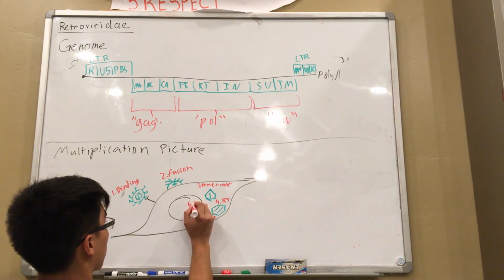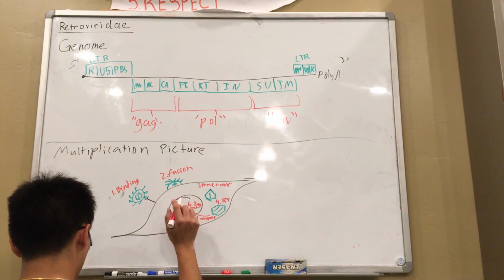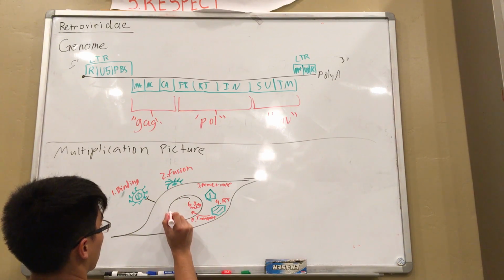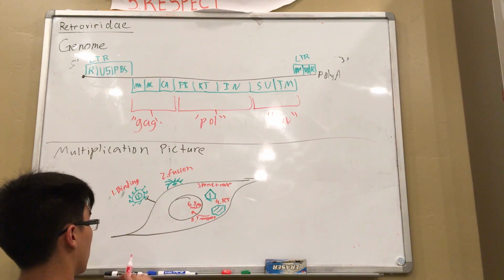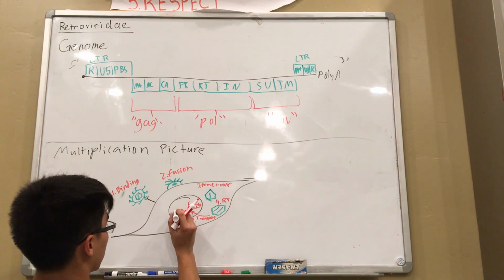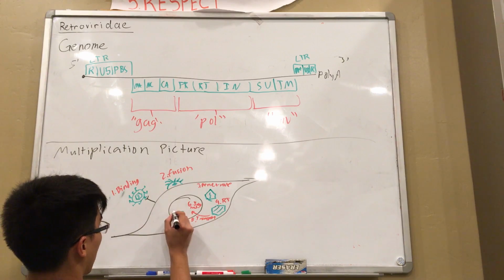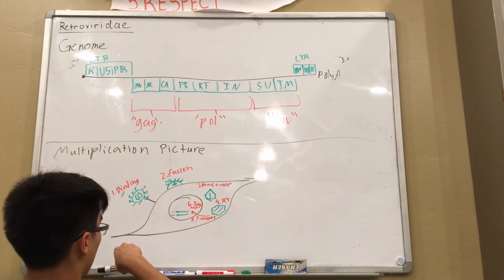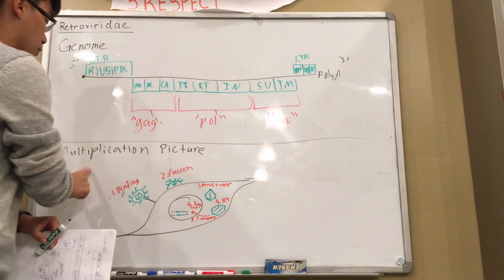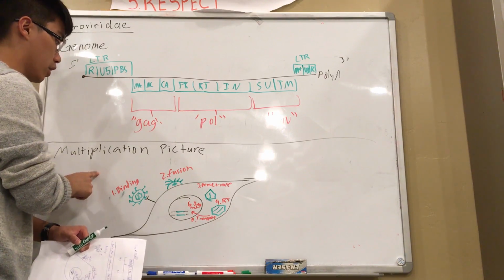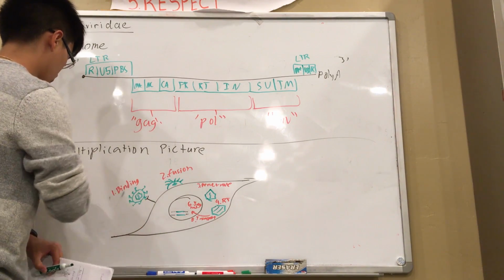And step 6, you integrate. Your end result is you have your viral genes there, and in black, you have your chromosome genes on the outside. I'm trying to show the early stages of multiplication.